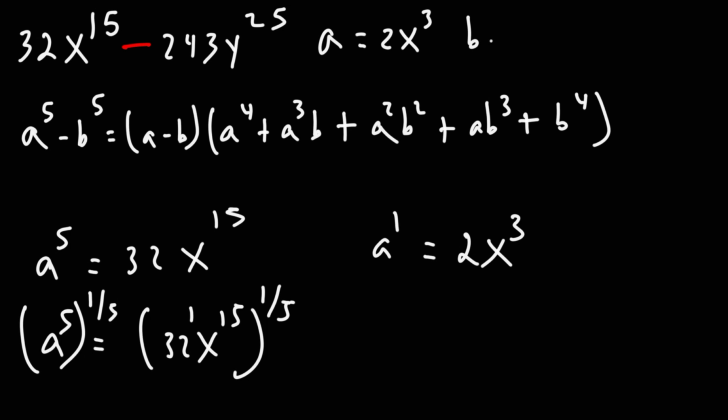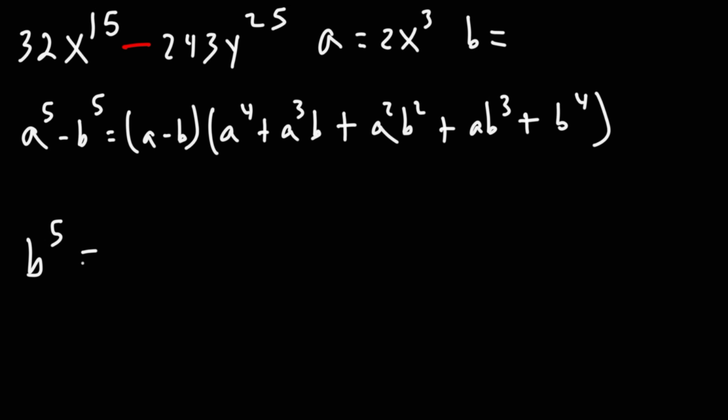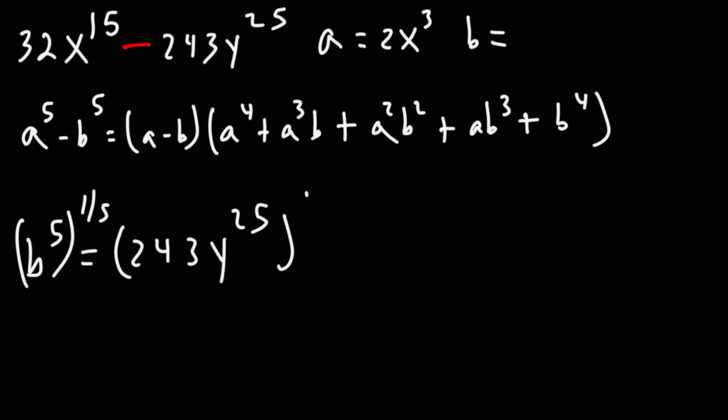Now what about b? What is the value of b? So let's set b to the 5th equal to 243 y to the 25. Now let's take the 5th root of both sides. So we get b on the left. On the right, the 5th root of 243.